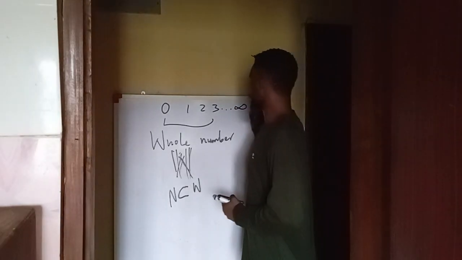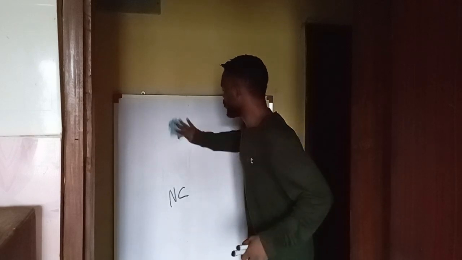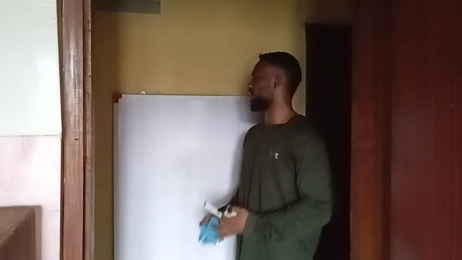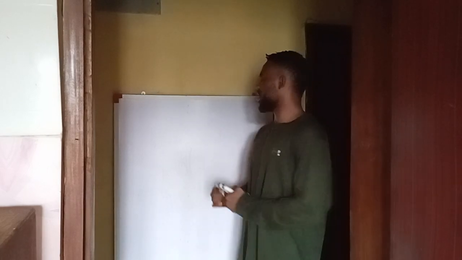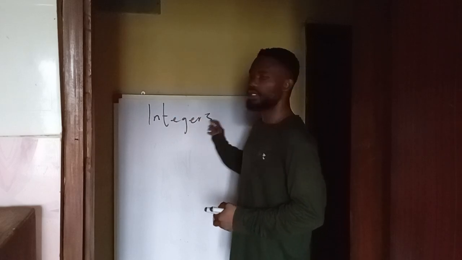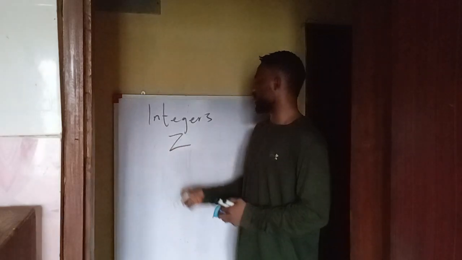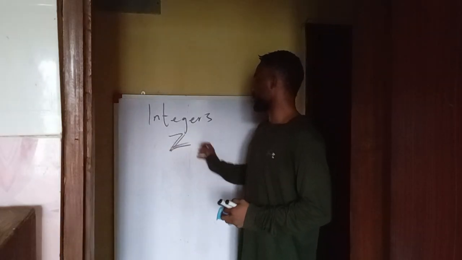Alright, now that I know this, let's talk about the next type of number system. So we know two now, natural numbers and whole numbers. The next type of number system is what we call integers. If you remember your secondary school days, they normally represent this with Z. In some textbooks, you see it this way.